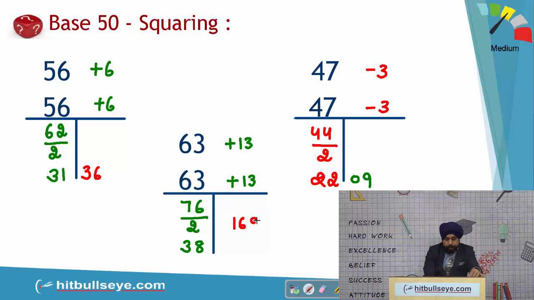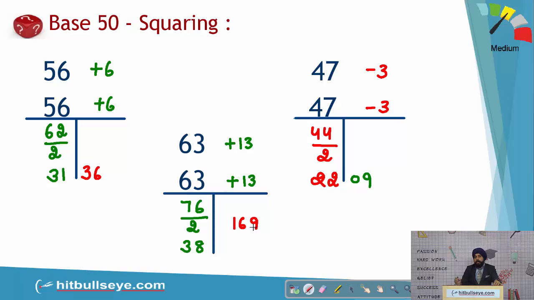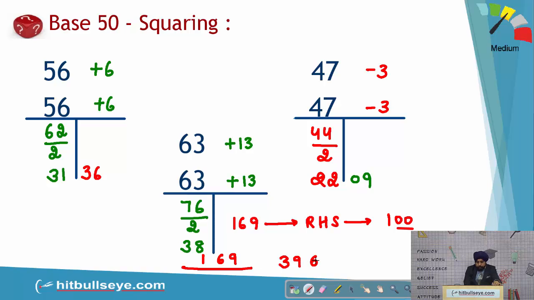It has 3 digits, whereas we can only write 2 digits on the right hand side, as the base is 100 and it has 2 zeros. So what happens over here is 1 gets added to the left hand side, 69 comes over here. Your answer becomes 3969. Right, students? Answer in this case is 3969.